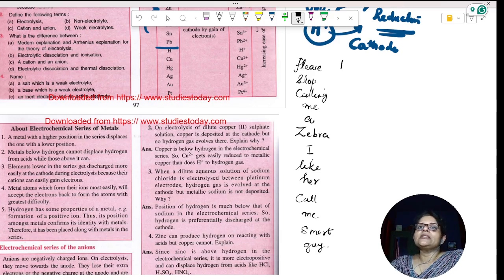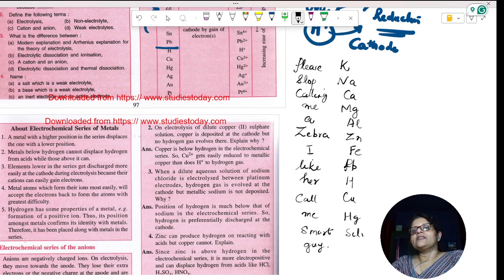So please means potassium, sodium, then calcium, magnesium, aluminium, zinc, iron, lead, hydrogen, copper, mercury, silver, which is Ag, and gold, which is Au, and then platinum comes. This is the series, and whatever you have learned, you have to learn it.